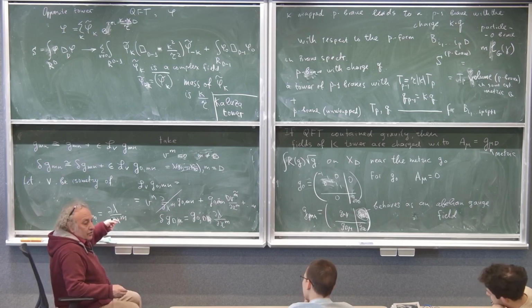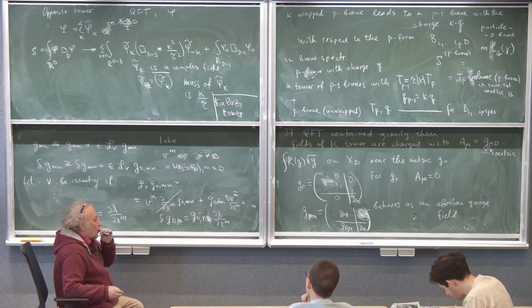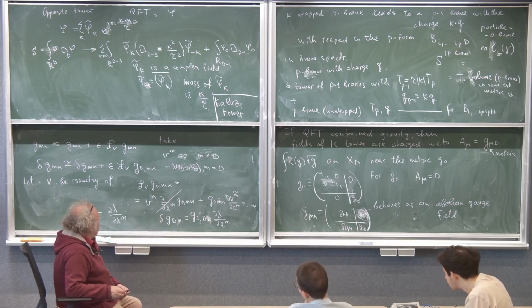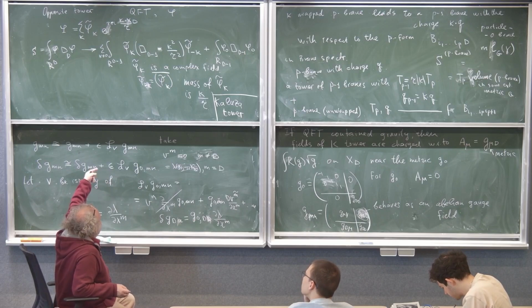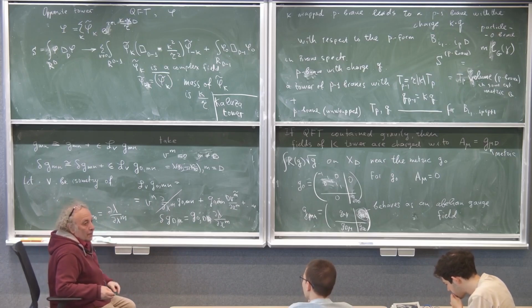And this is a gauge transformation. So diffeomorphisms lead to gauge transformation of g dm. And this was the discovery of Kaluza. General relativity leads to gauge symmetry.